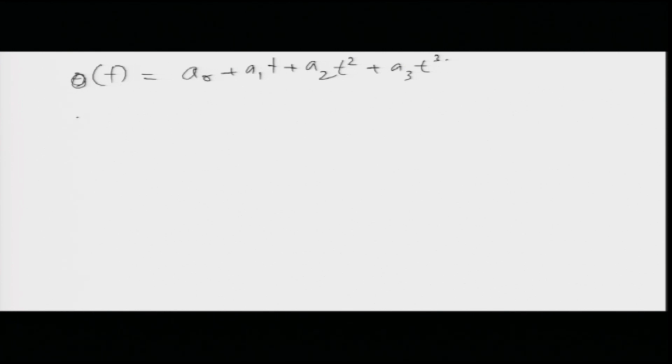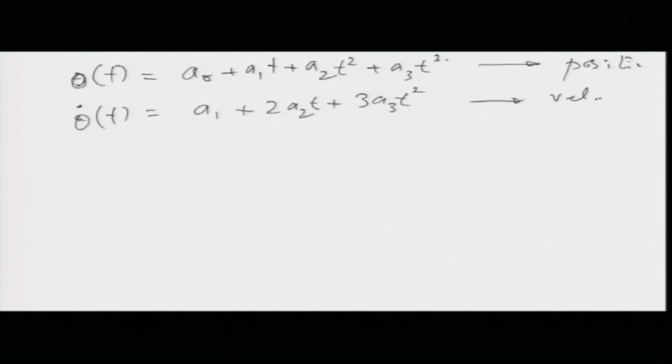If I differentiate it once, I get theta dot, that is my velocity, which is equal to a1 + twice a2 t + thrice a3 t squared. So, this gives me my position, this gives me my velocities, and if I differentiate it again, I get my accelerations. What will be my accelerations? It will be twice a2 + 6 a3 t. So, this is my accelerations.